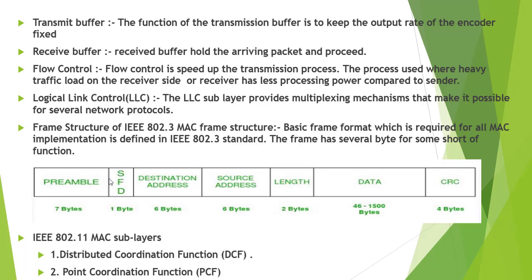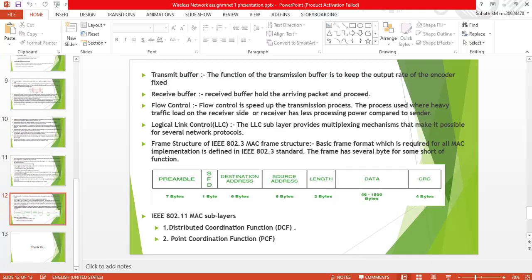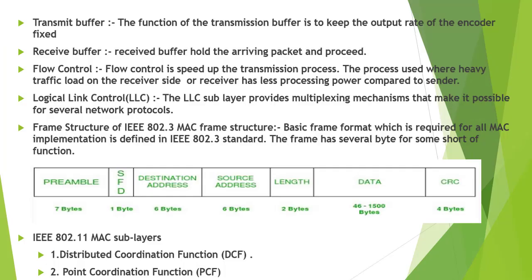First, preamble. The first 7 bytes are for the preamble. Second, 1 byte for the SFD, which means start of frame delimiter.